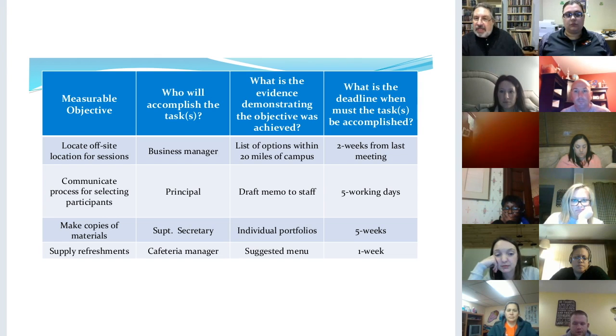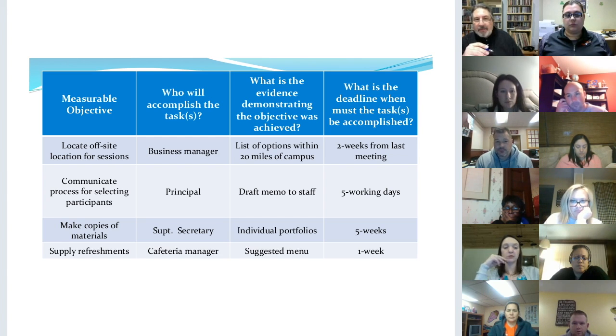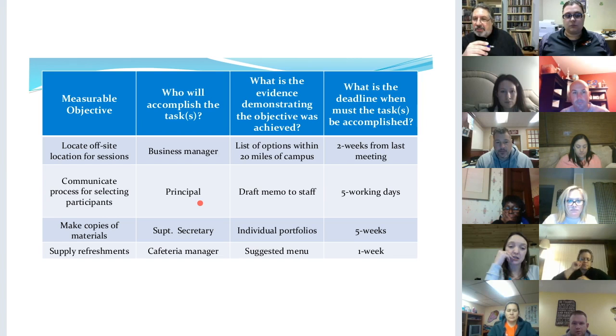The next thing, in the pre-planning stage, at the planning stages, we decided we had to communicate the process for selecting participants. In this planning meeting with my cabinet, I decided that the principal is going to be responsible for that, because this is held at the district level by a superintendent, all right? So you're the principal, Scott. Your job is to draft a memo to staff.